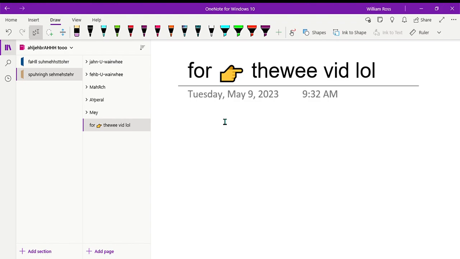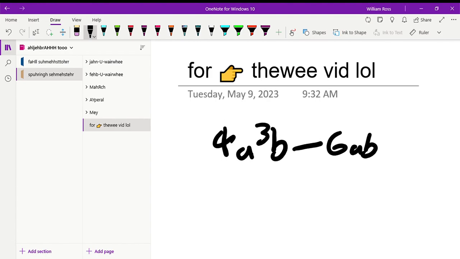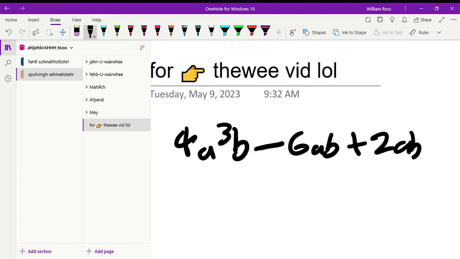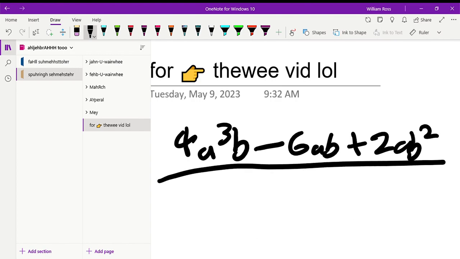Okay, so first let's start with simplifying. So let's start off with, let's say, 4a cubed b minus 6ab plus 2ab squared, divided by 2ab.